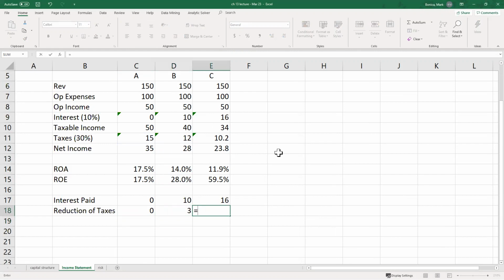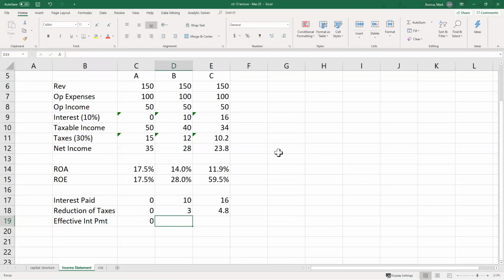And then over here, we pay $16,000 in interest, which reduces our taxes from 15,000 to 10.2 thousand, or 4.8. Now, our effective interest payment in option A is actually 0, right?